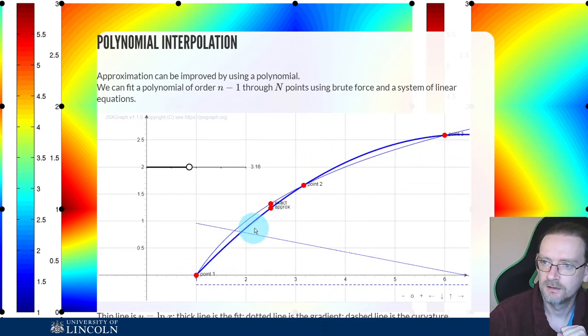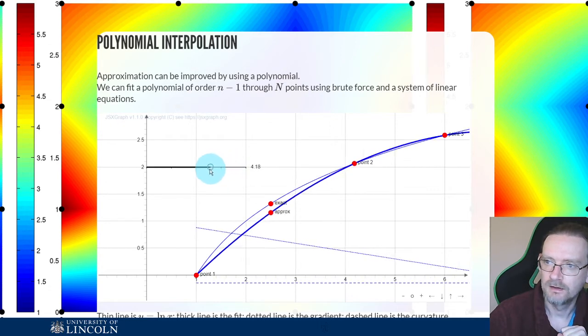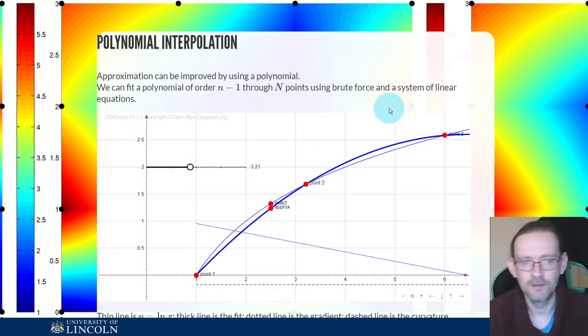You see that the fitting line goes precisely through those 3 points, and because log of x isn't actually a quadratic, it doesn't quite fit, but it comes closer than a linear fit would do. Again, whether it's better or not is going to depend on the form of the function that you're fitting.